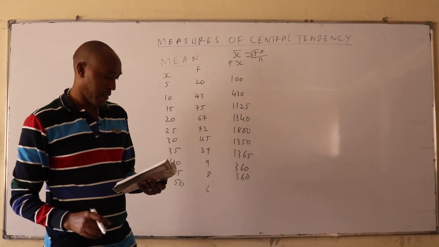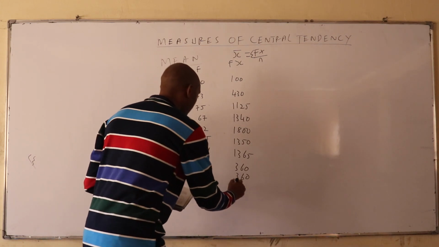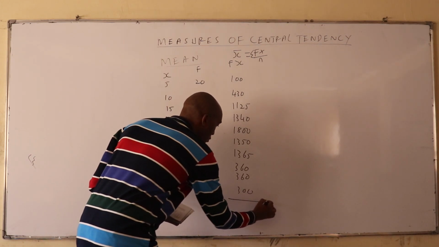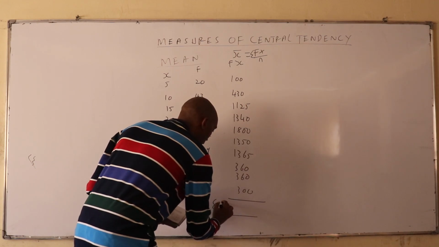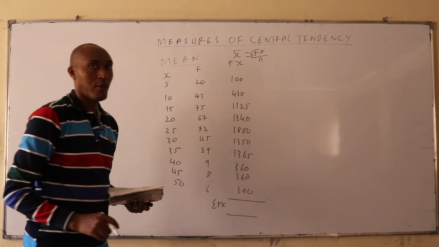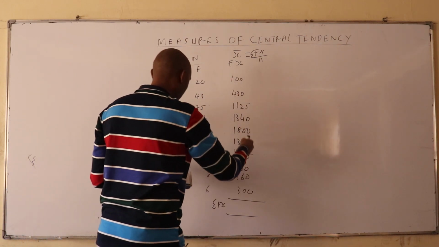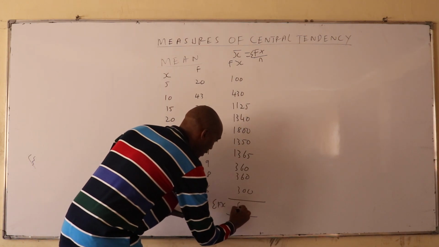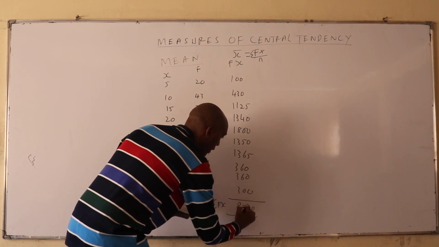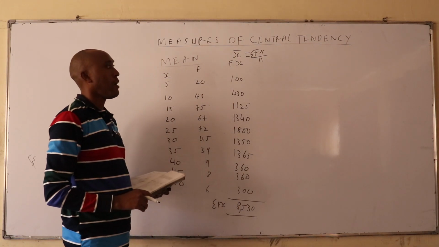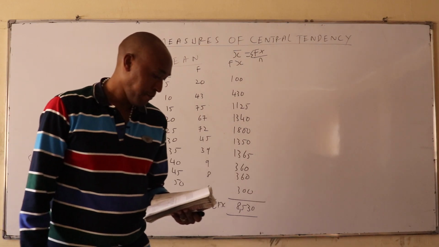And 50 times 6 is 300. So what you want here is summation of fx, the total. You add all of this and you get 8530. You can still confirm with your answer.